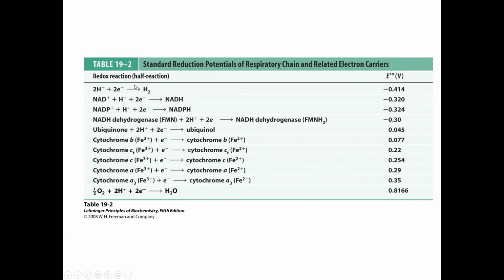If you look at all the half reactions that happen in the respiratory chain that are listed here, you can see that they progressively go from negative at the top to more positive at the bottom. Therefore, you know that electrons can be transferred from the top to the bottom half reaction without any problem. No laws of thermodynamics are violated here. Do I want you to memorize every one of these reactions?